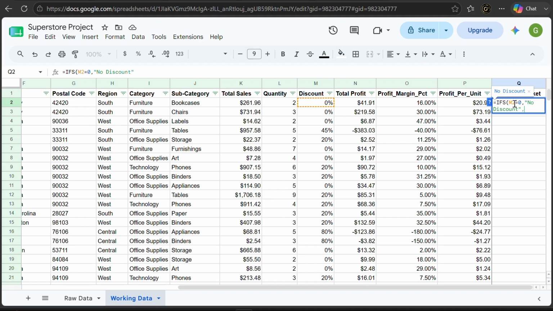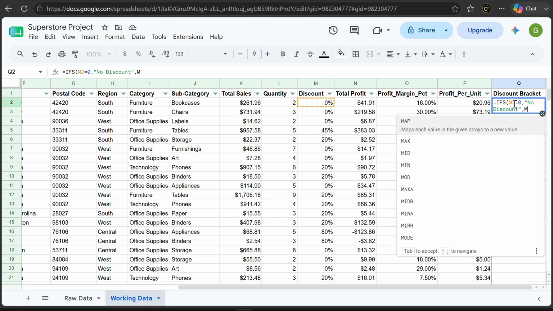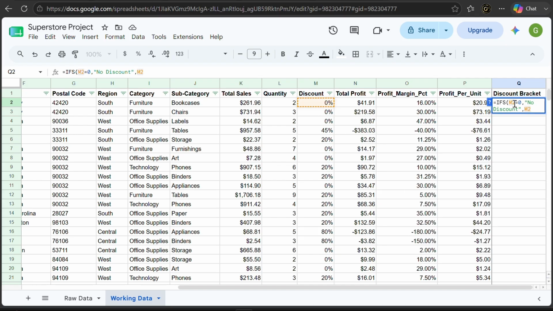no discount. Then the next condition I would say is that if that same M2 is less than or equal to 0.1, I want it to return the discount as 1 to 10%. That's what I want it to return.